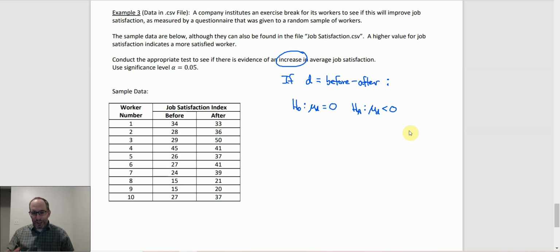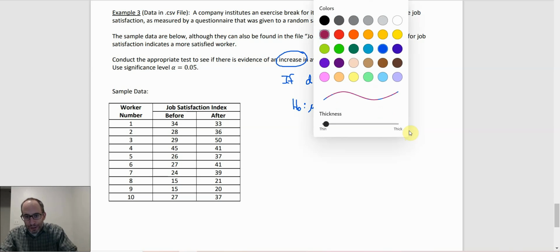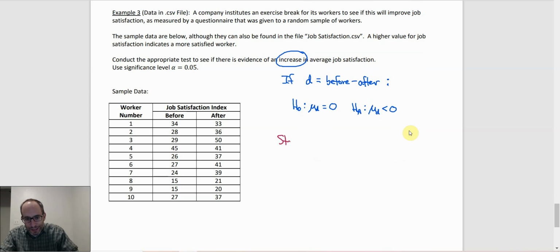So an increase when you're using that order of subtraction would be a negative number. This is why usually you don't pick before minus after, but I figured it would be good to do it just to get that variation in here. Next thing would be going to StatCrunch, so let's go ahead and do that.